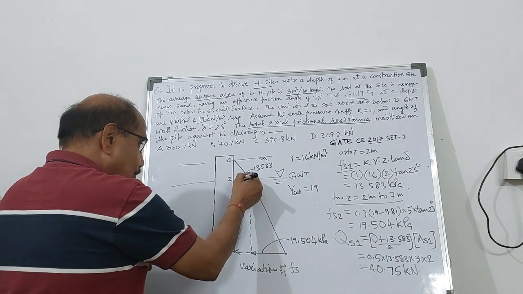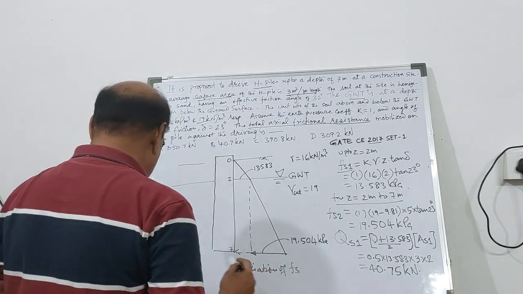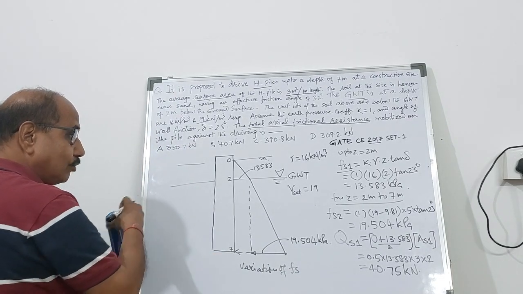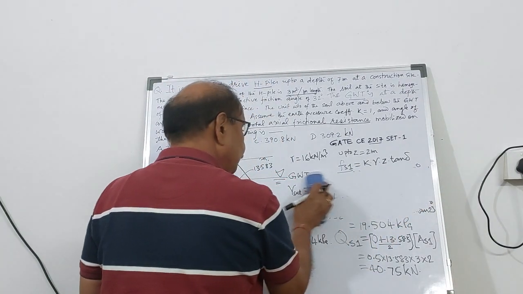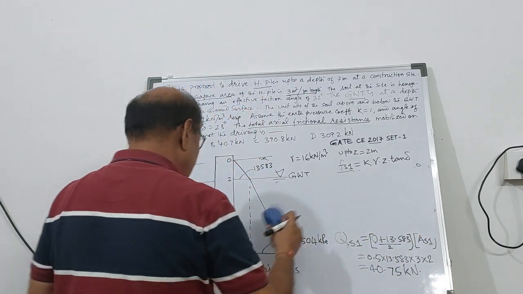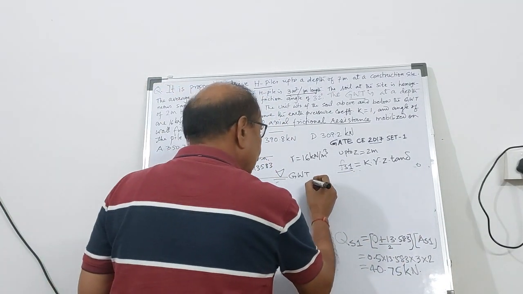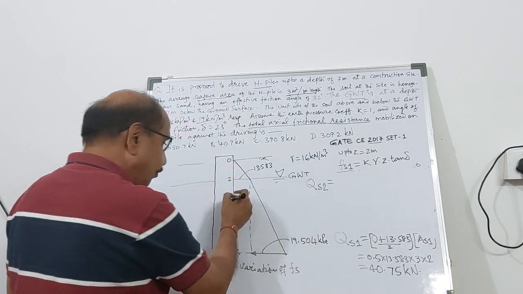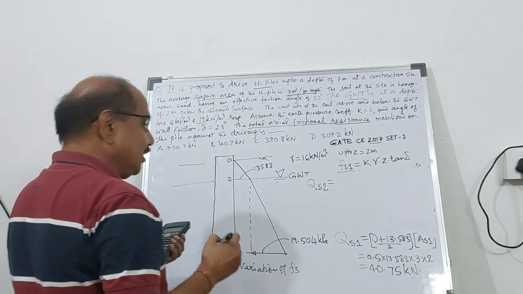Now go below the groundwater table and find out QS2, the load transfer through skin friction from 2 meter to 7 meter.